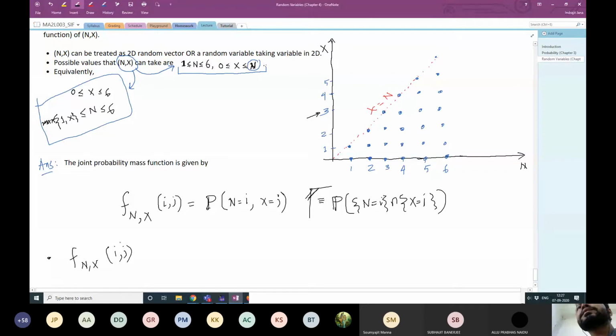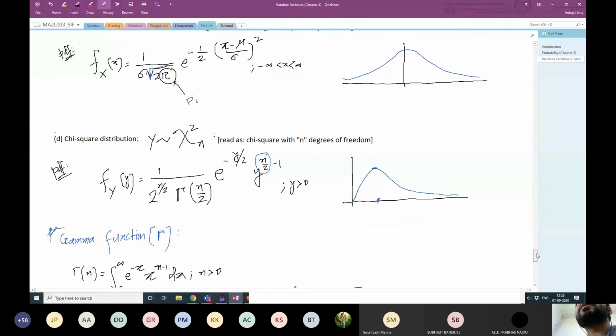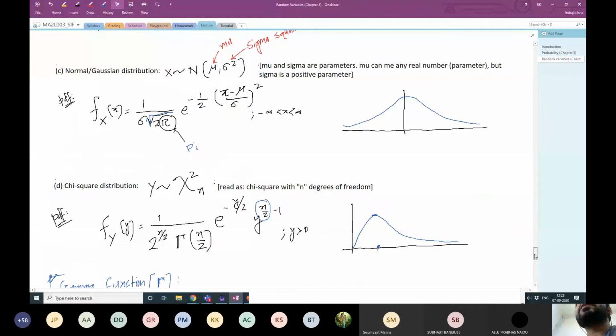By the way, this is the definition of any probability mass function in general, and f subscript n,x of i,j is the notation for the joint probability mass function. Like we have the notation for the density functions, f_X, f_Y, and those kinds of things. For the joint probability mass function, since there are two variables, you write two variables in the subscript.